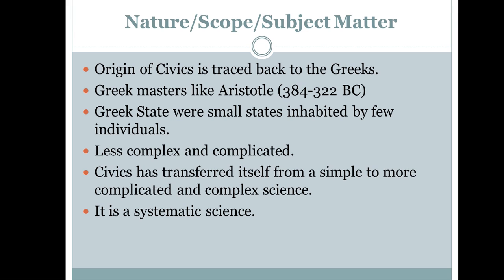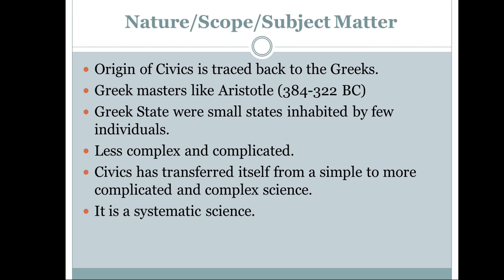Greek states were small states inhabited by few individuals. As we have discussed previously, at that time the population was less and the Greek city-states were small city-states with mountainous area which were unsurpassable, and few people inhabited those Greek city-states.